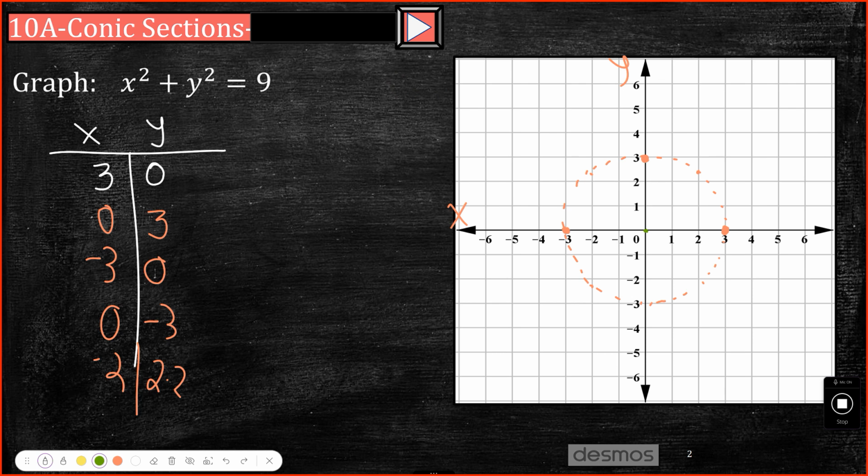What is the length from here to here? What is that length? 1, 2, 3. So what do you think is the length from here to here? 3. This is a circle. This is a length of 3. So the radius is 3. So basically what we're doing is this. This is x, and this is y.